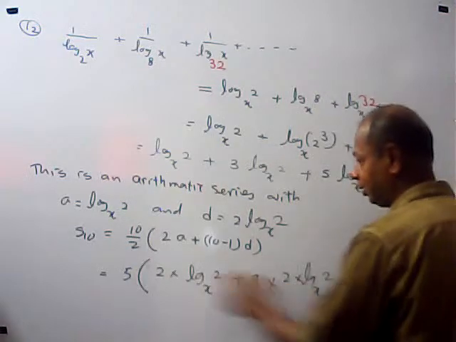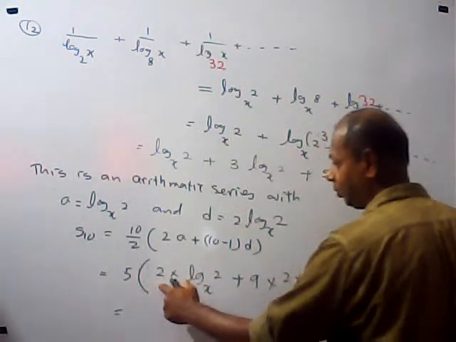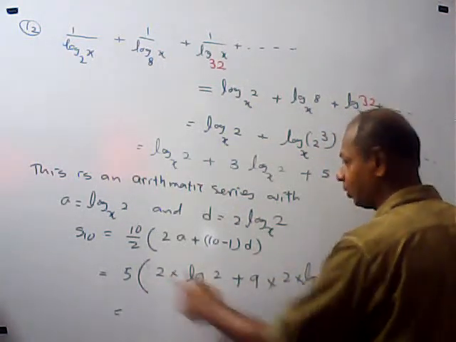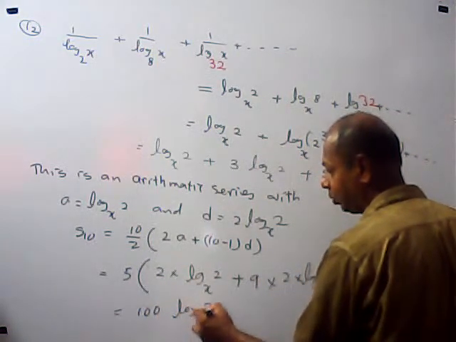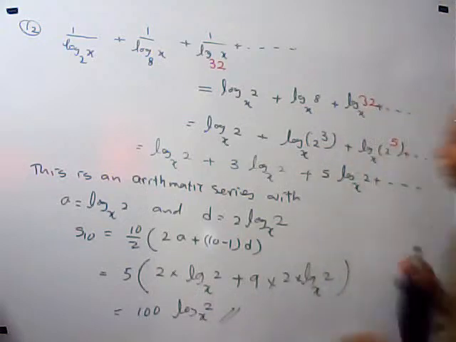Total is 18 and 2, so 20 log x2, which gives 100 log 2 to the base x. That is the answer.